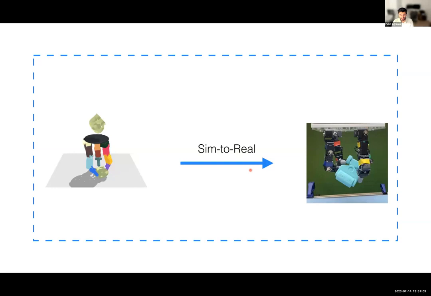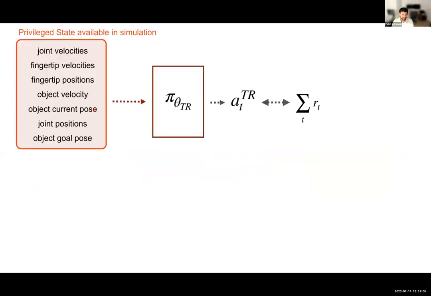The general paradigm we're following is that in simulation, there is a lot more information available than in the real world. For example, we can directly access object velocity and object current pose, which in the real world we need to estimate from vision, but are readily available in simulation.